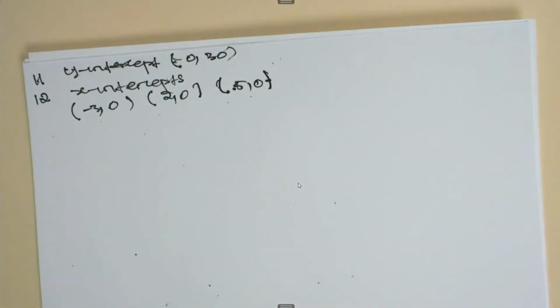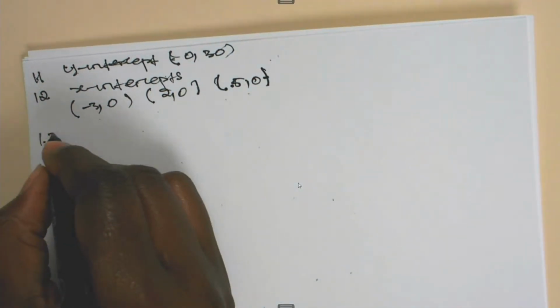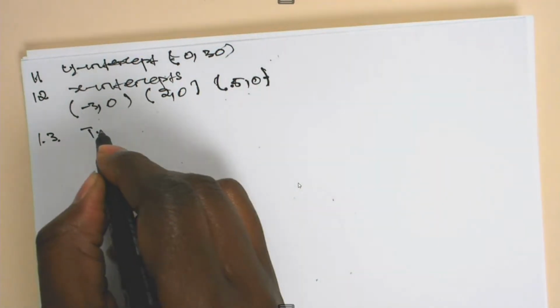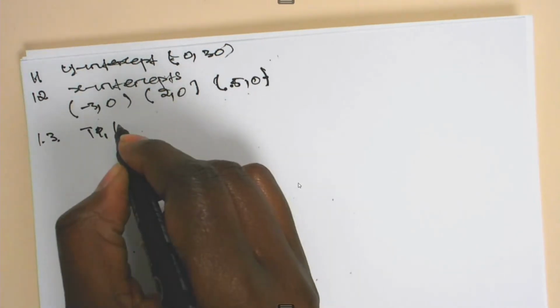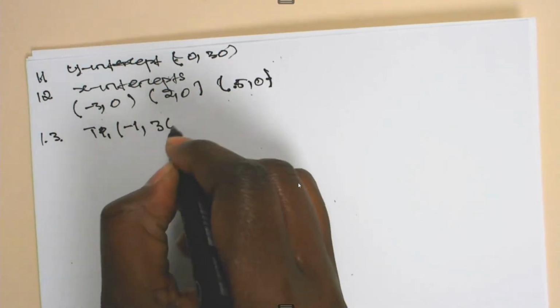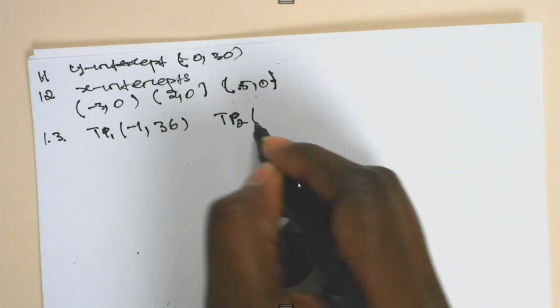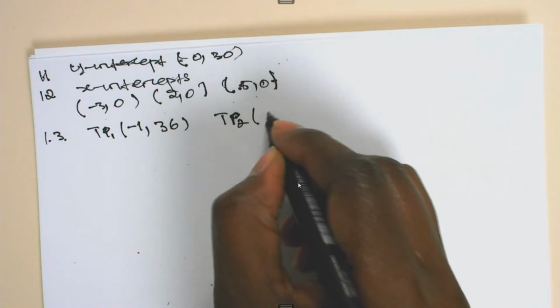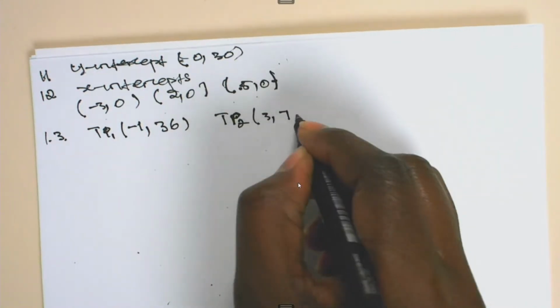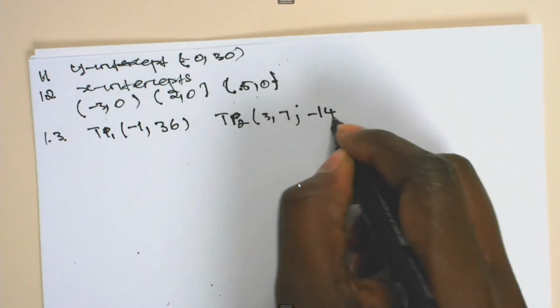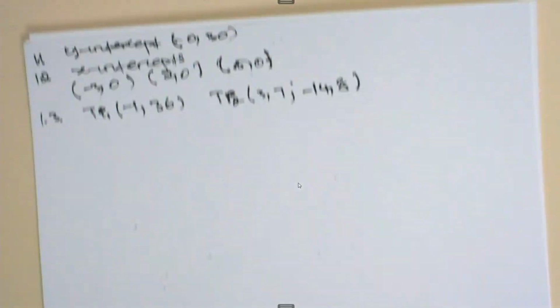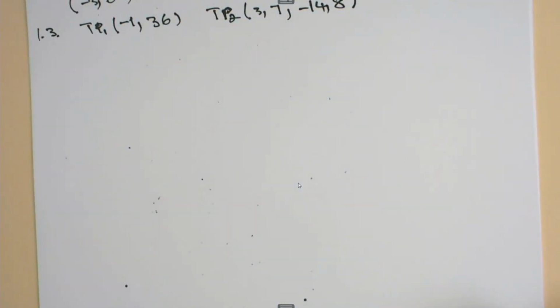Okay. And then 1.3, turning point, TP, first TP, we have -1 and 36. Second TP, we have 3.7 and -14.8.